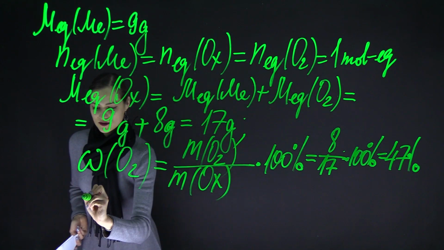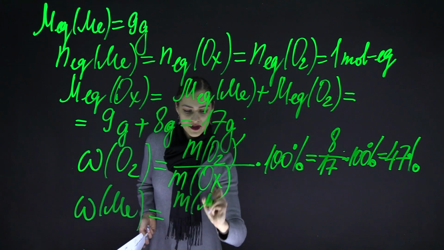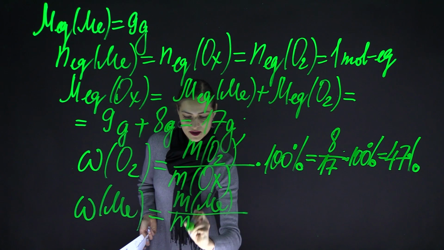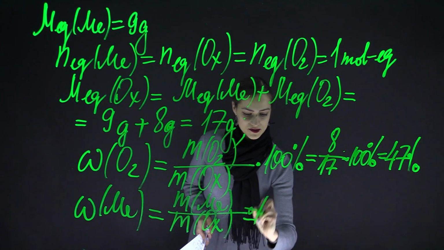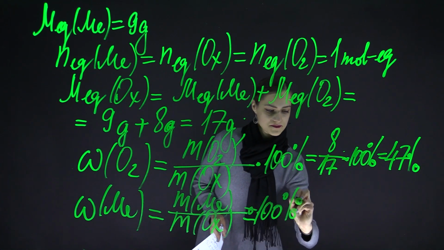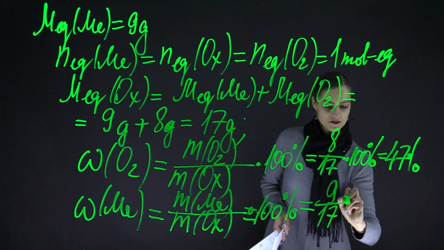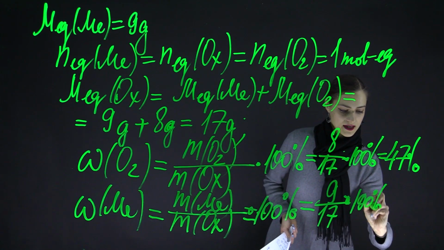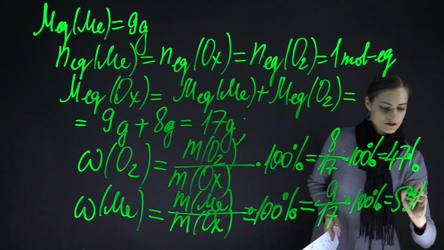The same with the metal: the mass of metal over the mass of the oxide multiplied by 100%, 9 grams over 17 grams multiplied by 100, and it gives us 53%.